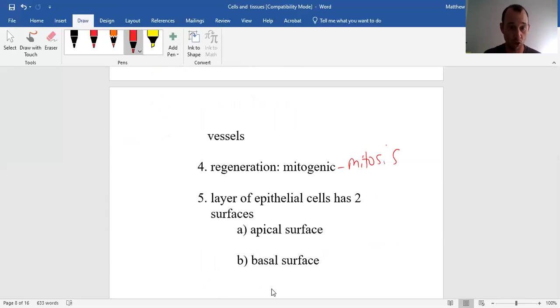Let me start simplistically. This is referring to a side of the cell. This is just the side of the cell. It's not what it's made of. I need to make sure that you understand this type of thing.